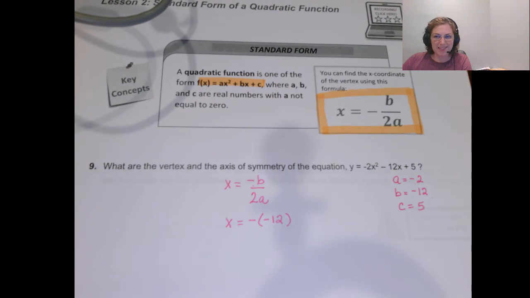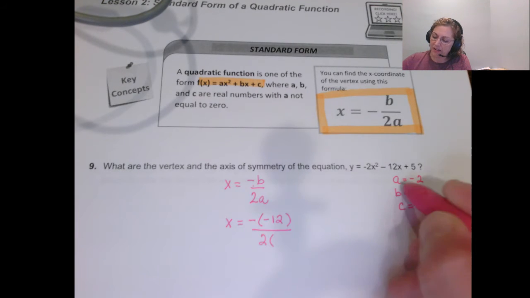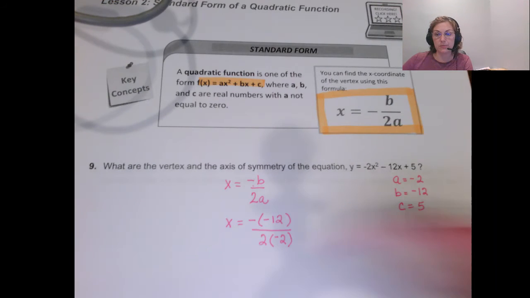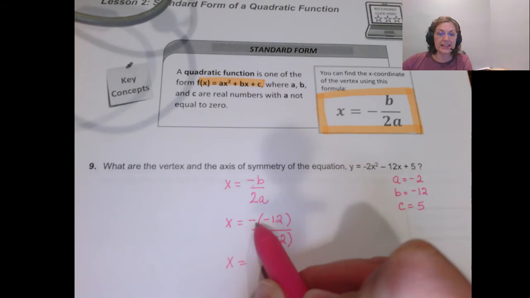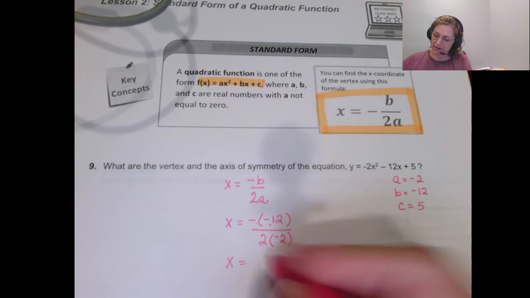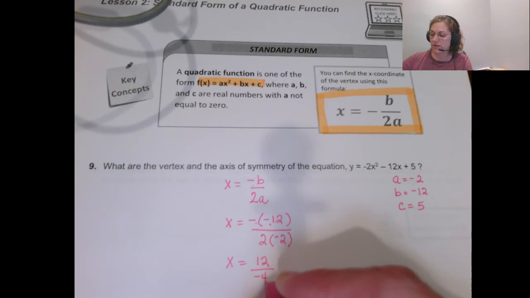You may be saying, that's silly. And it is, okay? We will simplify it here in a moment. Then I've got 2 times a, or 2 times -2. So this is x equals negative is a positive 12. And then 2 times -2 is -4. So I've got x equals -3.